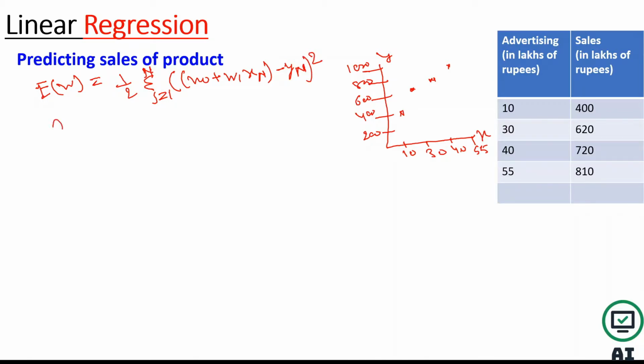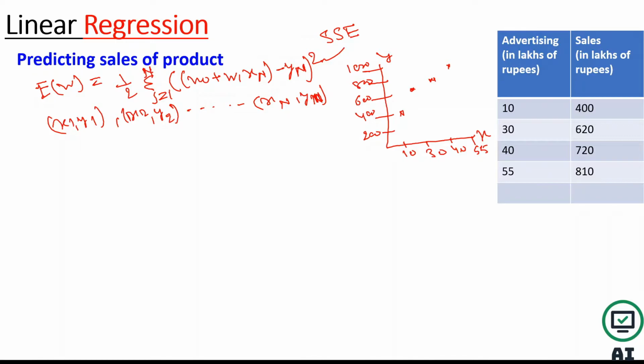Here (x1, y1), (x2, y2), ..., (xn, yn) are training data points. The error function given by this equation is nothing but the sum of squares of errors.